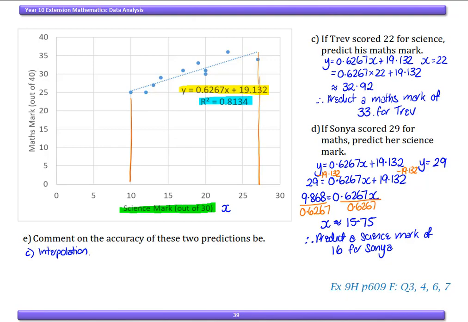Our R squared is 0.8134, which is quite high. So you might say a strong relationship. Therefore, prediction is relatively accurate.